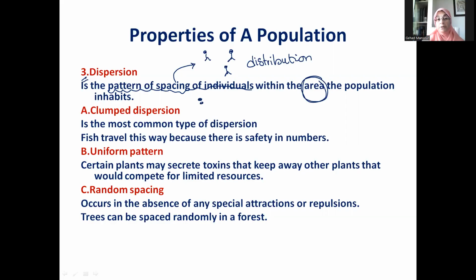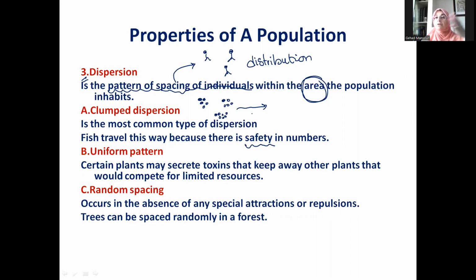We have the clumped dispersion, where the organisms are present in groups. Like, for example, when fish travel in water, their pattern of distribution in the water is characterized mostly by being a clumped dispersion type, because traveling in small groups gives them more safety.